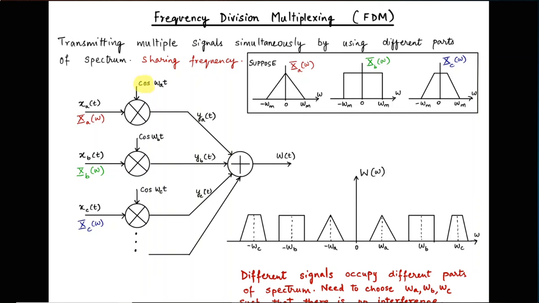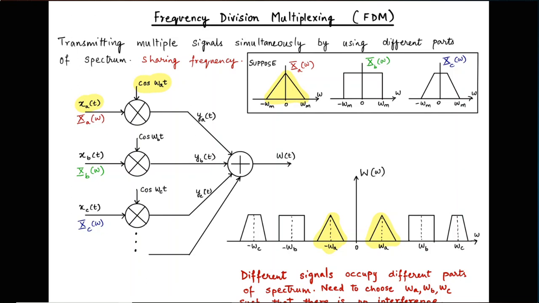So when I multiply x sub a with cosine omega sub a, I'm essentially taking the spectrum of x sub a and moving it up and down by omega sub a, thereby getting these two pieces. Multiplication by cosine results in convolution of the triangle with two impulses present at omega sub a and minus omega sub a with a weight of pi. So that's exactly how you're getting those two rectangles.